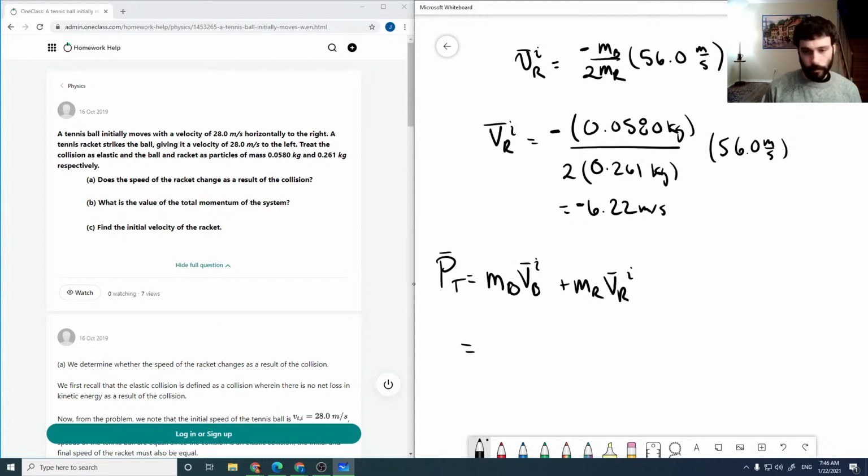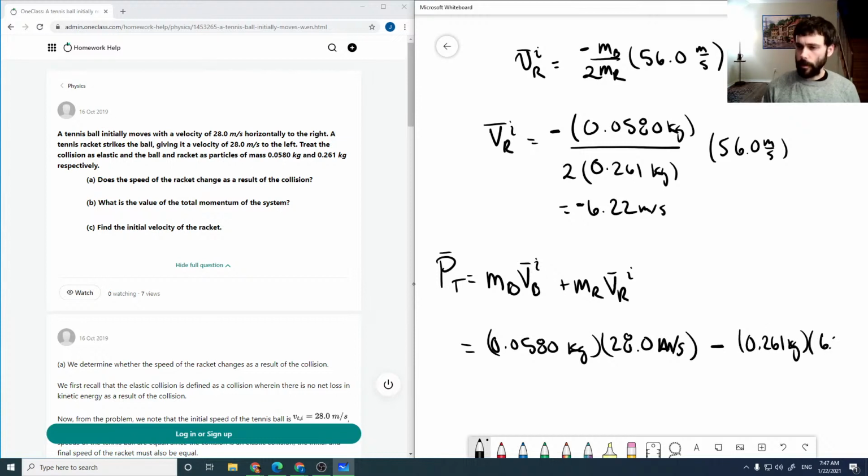And so that's 0.0580 kilograms times our velocity initial for the ball, 28.0 meters per second, minus 0.261 kilograms times our 6.22 meters per second. So I guess plus, and I'll put the minus in here where it belongs. If we work this out on our calculator, it comes to 5.8 times 10 to the minus 4 kilograms meters per second. So that's the total momentum for our system.